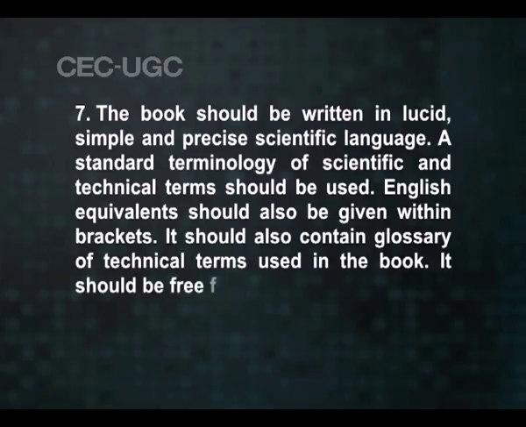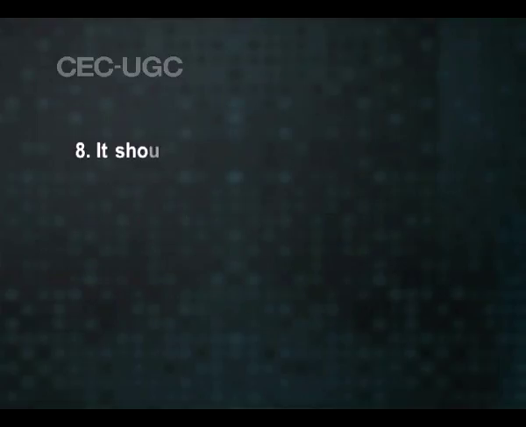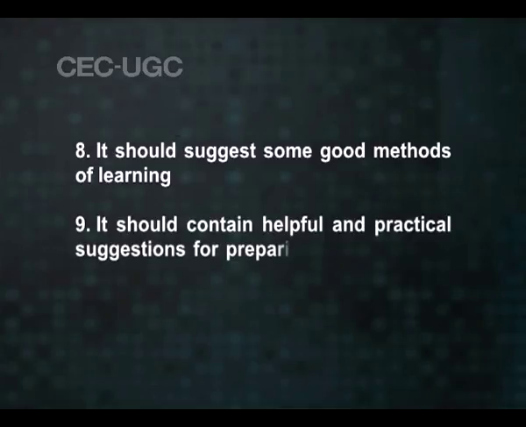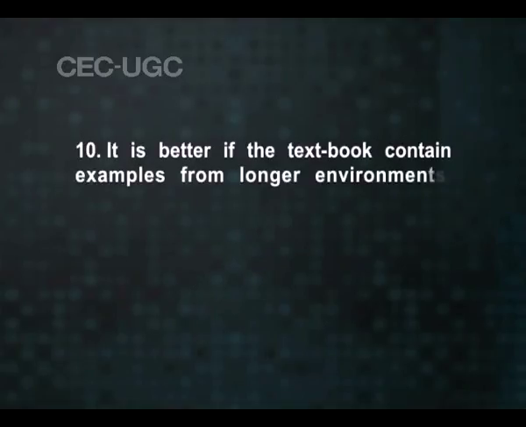It should be free from any type of ambiguity in language, terminology and information. It should suggest some good methods of learning. It should contain helpful and practical suggestions for preparing and improving the science apparatus. It is better if the textbook contains examples from local environments.